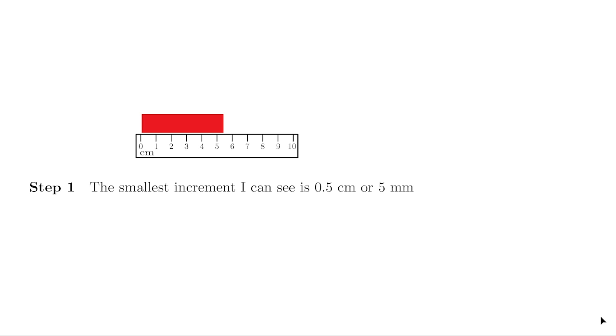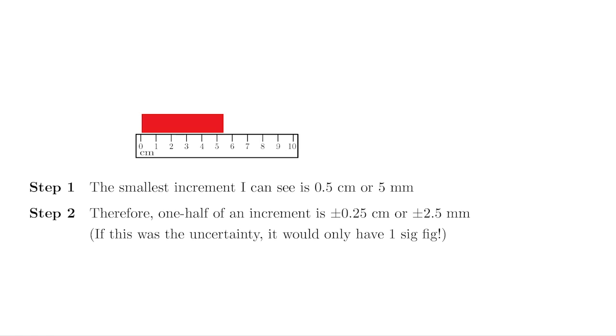In other words, my eye can distinguish between 0, 0.5, and 1.0 as an example. So the smallest increment I can see is 0.5 centimeters, which would be 5 millimeters. Just as before, 1/2 of an increment would be 0.25 centimeters, which is the same as 2.5 millimeters.